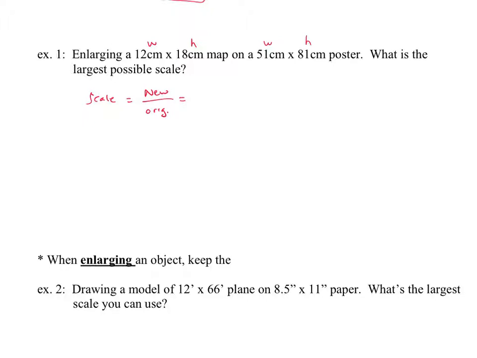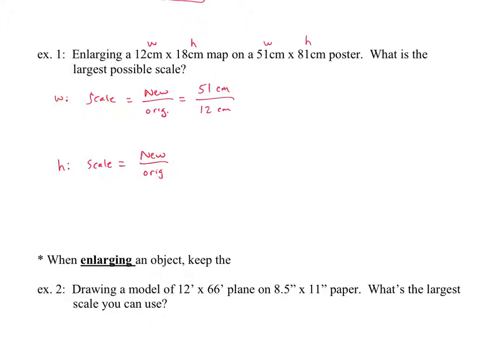Then if they're not the same, which one do we keep? Which one do we do in both directions? I'll do my width over here and my height down here. The new is the poster. So for width, my new one is 51 centimeters, and my original is 12 centimeters.